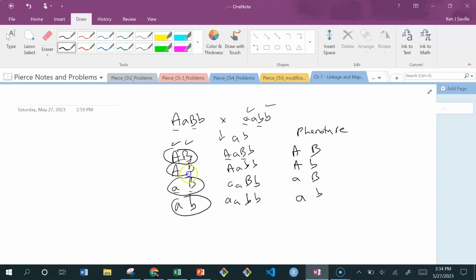Or we can ask about the phenotype or we can ask about the gametes. These are the gametes. Because in meiosis and crossing over, we're most interested in what kinds of gametes are formed. So if we have this, we undergo meiosis, we get these types of gametes.